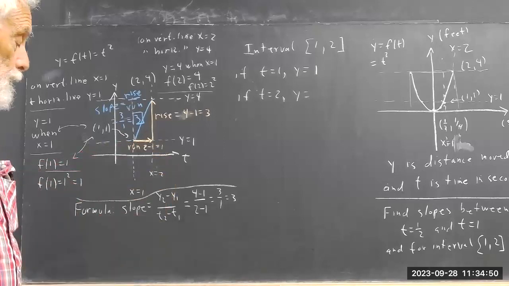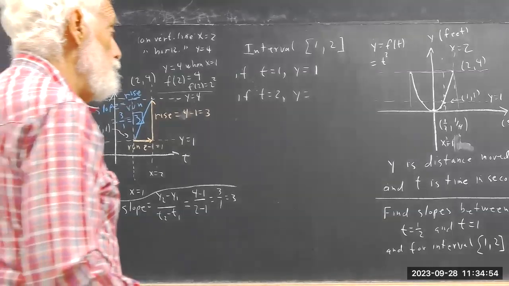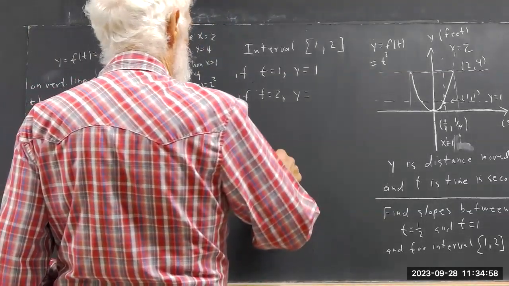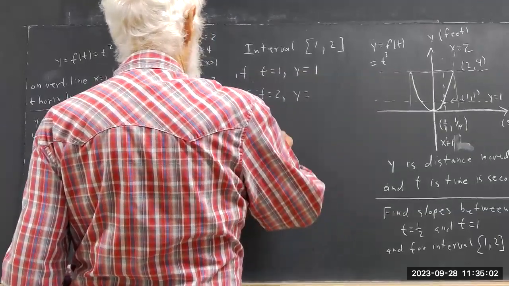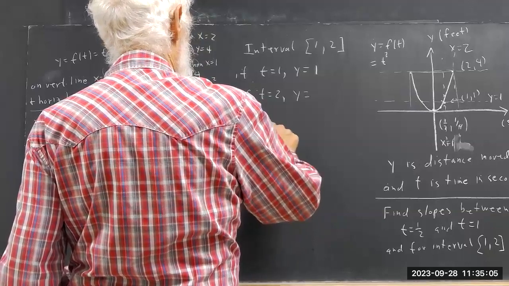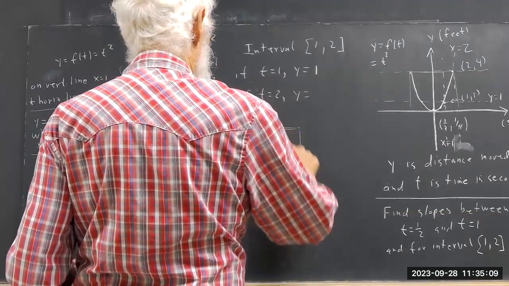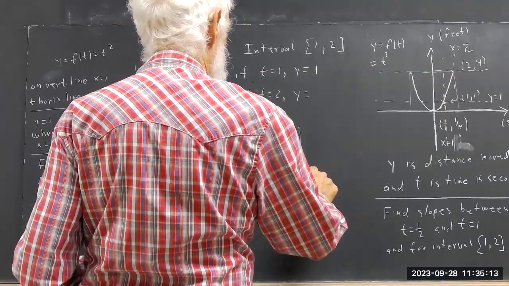That's the slope. Now I'm going to ask you to make a little bigger picture of this graph. You know, I haven't shown you that you can do this, but it works out for the squaring function at least.